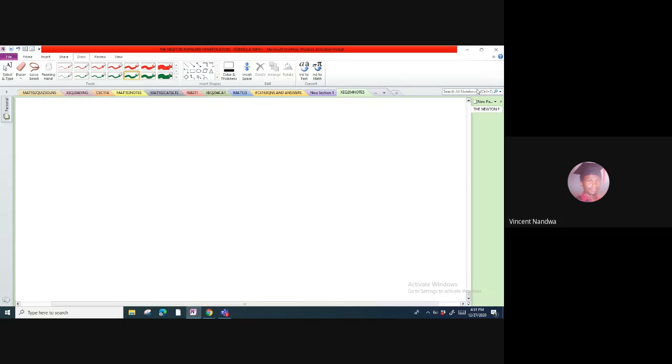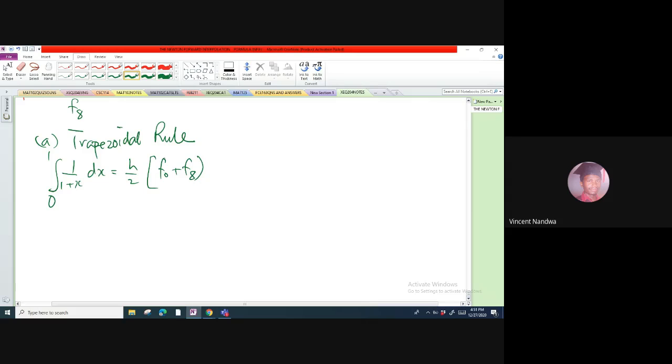So by the trapezium rule, the integral from 0 to 1 will be h over 2 into f0 plus f8 plus 2 into f1 plus f2 plus f3 plus f4 plus f5 plus f6 plus f7.